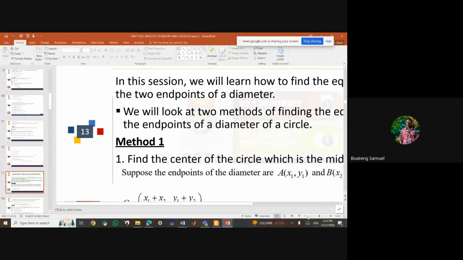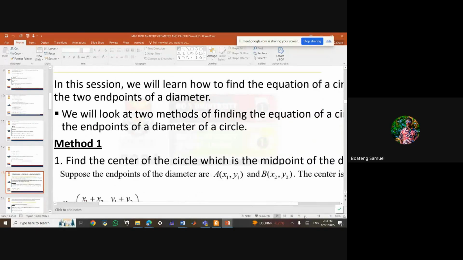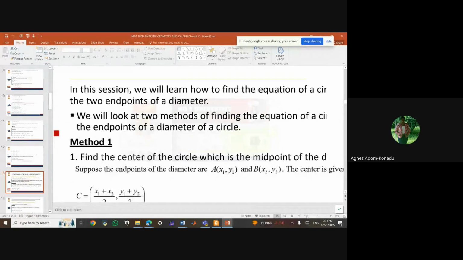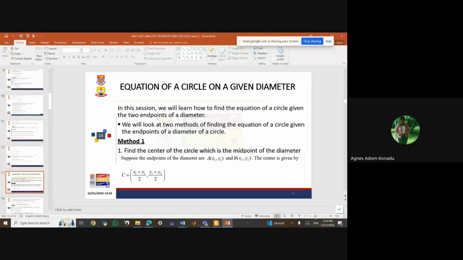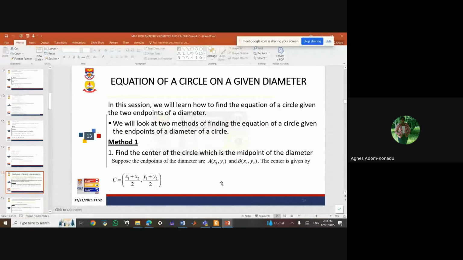Madam, please, so in this case, can't we use the other method? I said we can use it, but because we just looked at that method, that's why we did it like that. So you can use the other method. Can it be a situation where you'll be restricted to use the completing the square method or the other method?